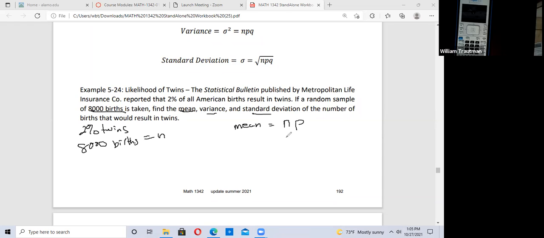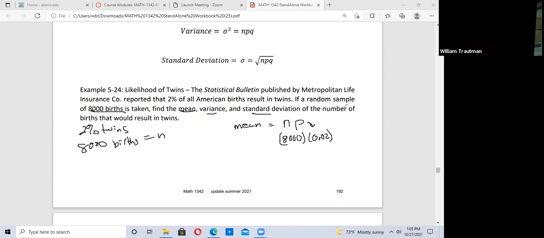So the number of trials is 8,000. Find the mean, variance, and standard deviation of the number of births that would result in twins. The probability of getting a twin is 2%, and the way to write that in decimal form is 0.02. You could put 2% with the percent symbol if you want, but the decimal equivalent of 2% is 0.02.